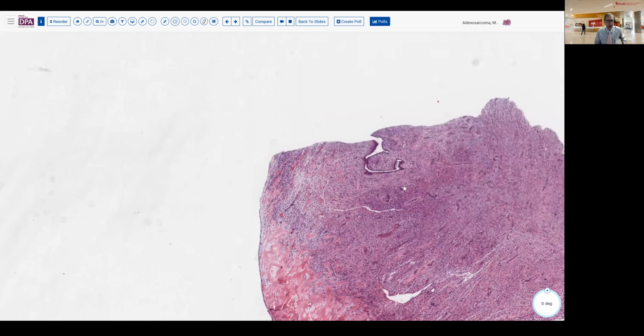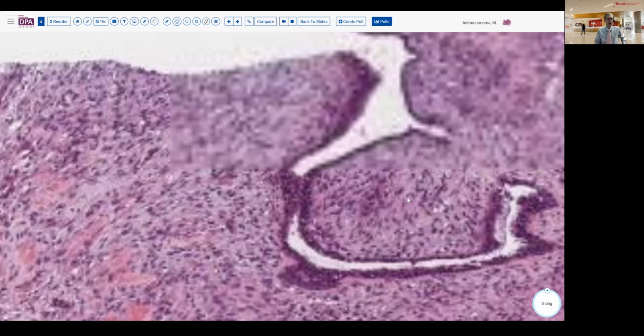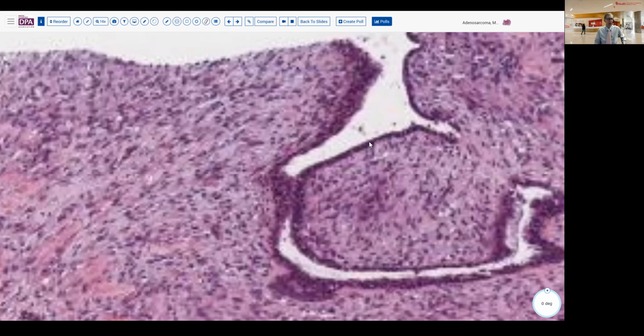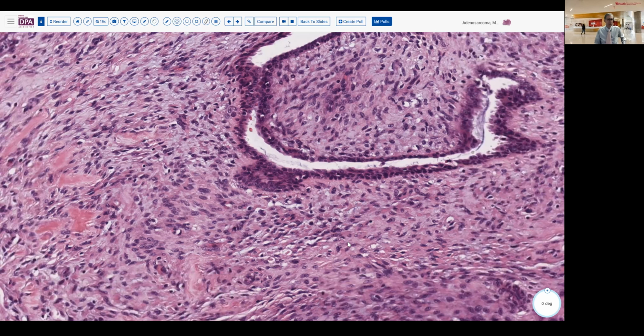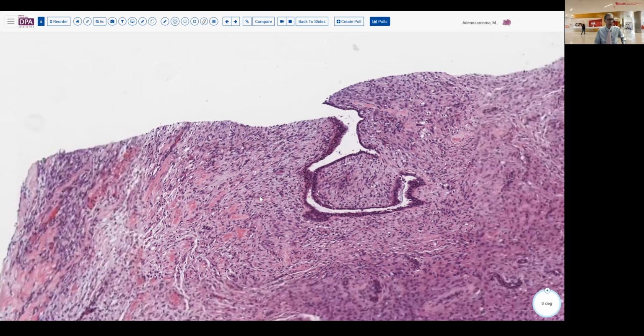And there were plenty of other sections with this type of morphology where you have a very bland surface epithelium and this fairly cellular and mitotically active stroma just beneath that. In addition, there were some areas of more loose stroma and some areas more condensed around that.